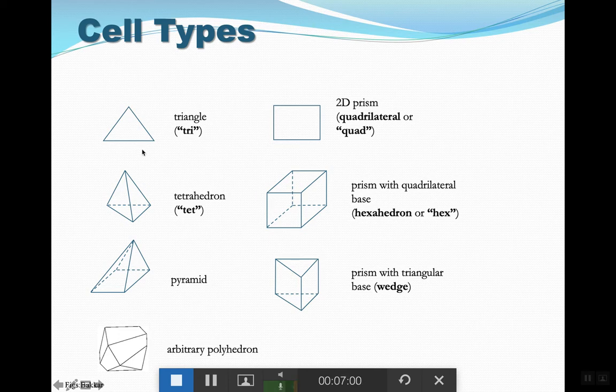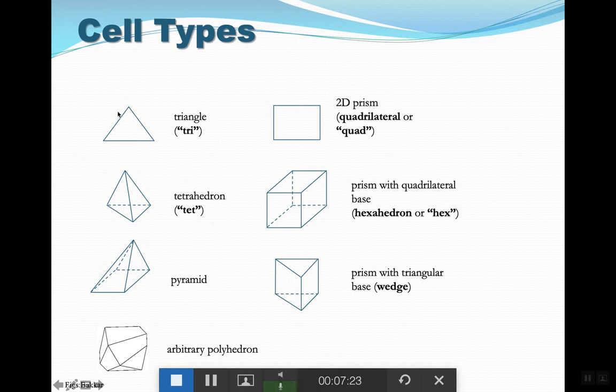For example, from the base of tri, you will have tet mesh, which the base is tri. You can have pyramid, which the base is quad, and you can have arbitrary polyhedron. For quad, you can have hexahedron and wedge type. But 99% of the time, the type of mesh that we will be working on would be tet and hex.